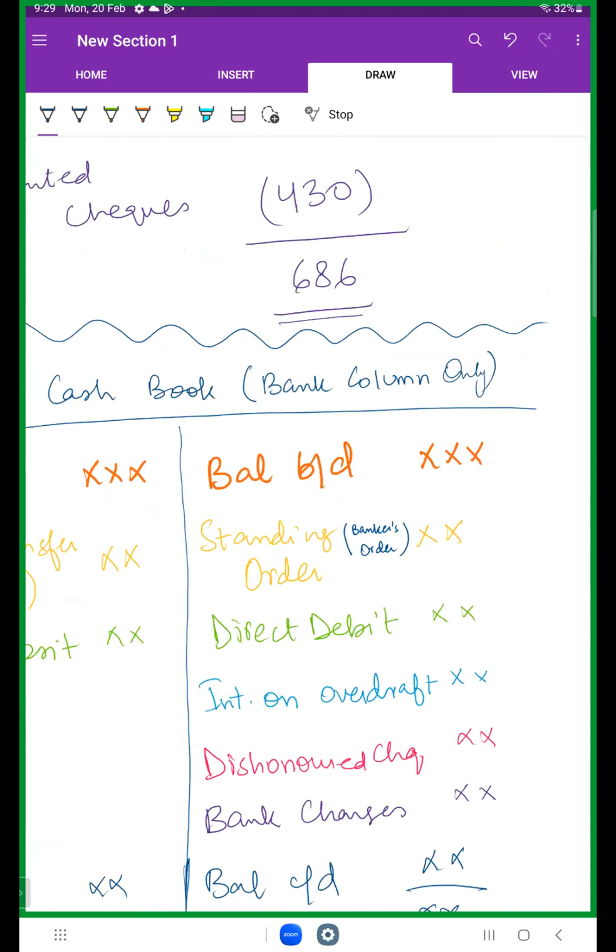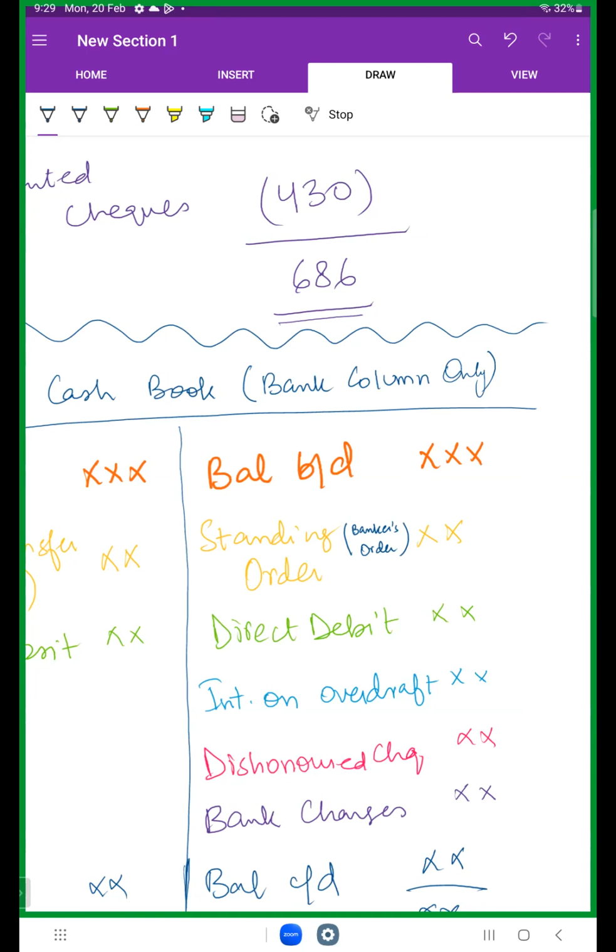Dishonored cheque. Dishonored cheques or bounced cheques. Perfect. If the cheque is returned unpaid or bounced back, it's known as a dishonored cheque, right? Yes. What can be the possibilities of a cheque being dishonored? There is not enough amount in the account. Insufficient funds, yes. The cheque does not contain proper details.